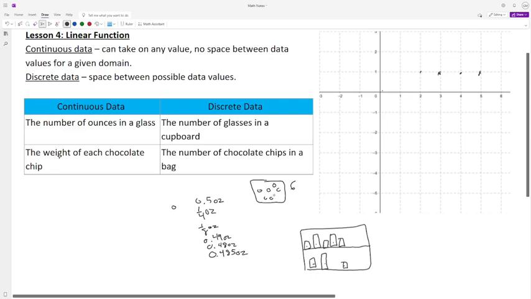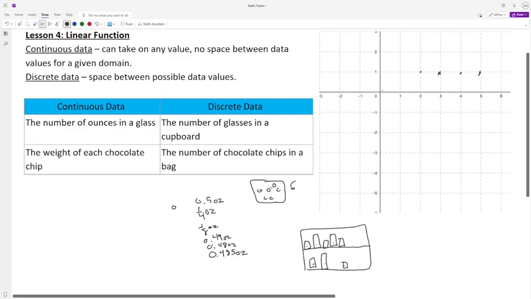You might see a chip that's broken up, and you would call that a half chip. But in the sense of talking about discrete data, you can count how many chocolate chips there are in here. There's not going to be infinitely many uncountable chocolate chips. There's going to be a countable amount. Even if that amount is infinite, it's going to be a countable amount. It's not going to be uncountable.